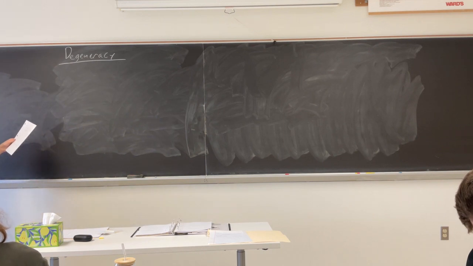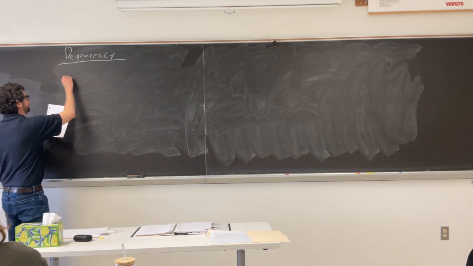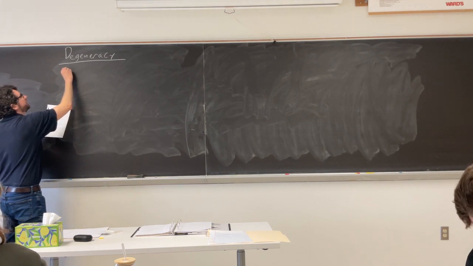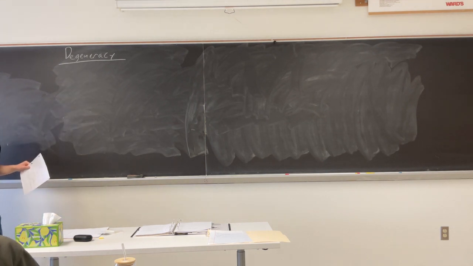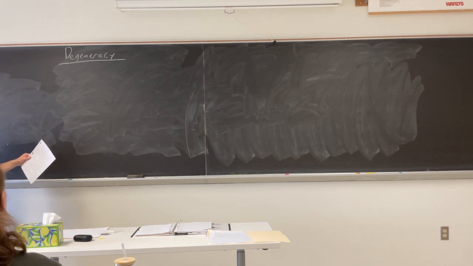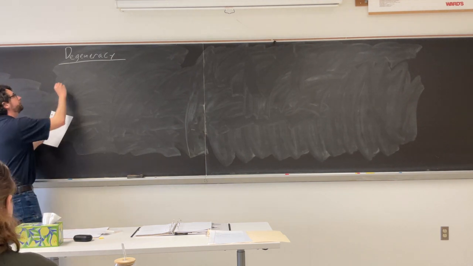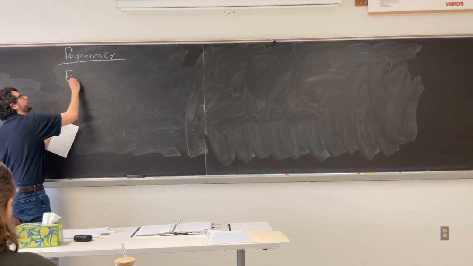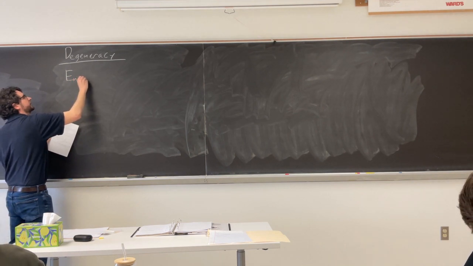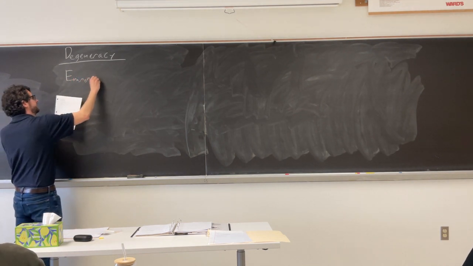Even though we just erased this thing, how many quantum numbers does the energy of a particle in a 3D box depend on? Yep. n sub x, n sub y, n sub z.